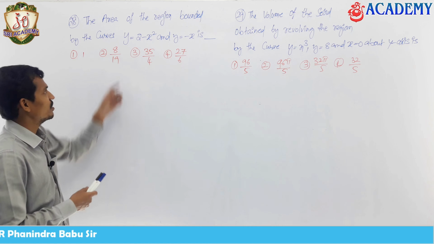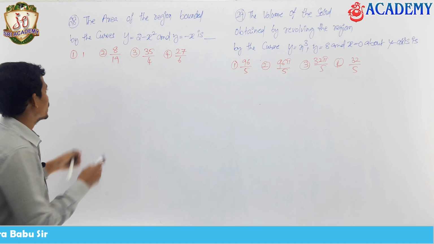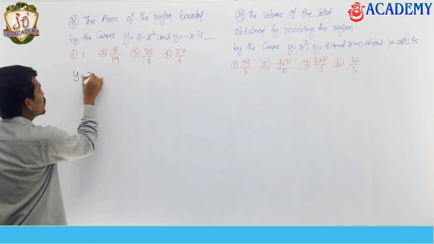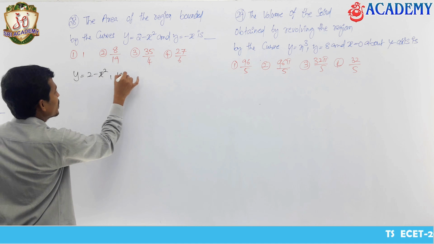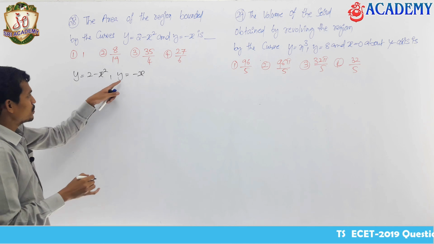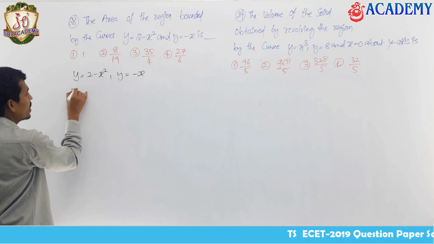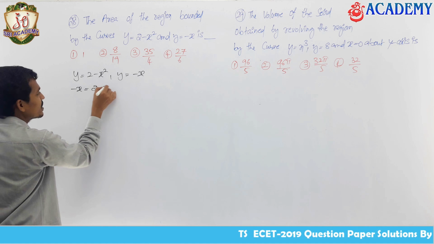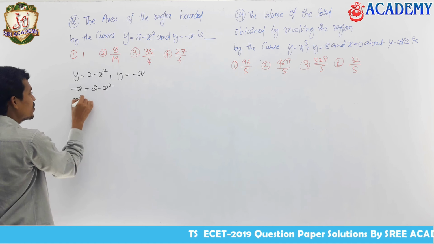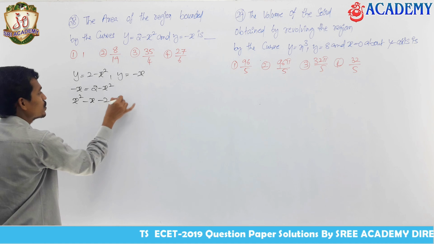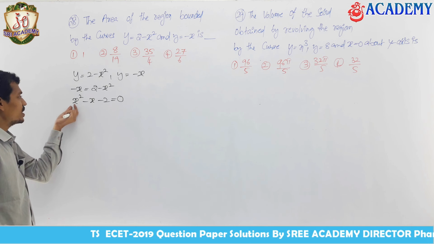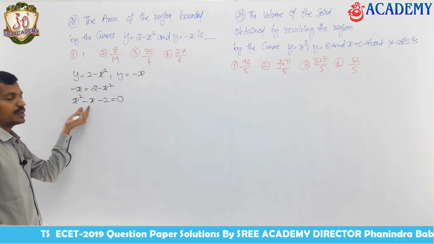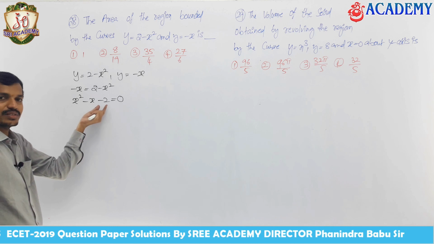Based upon that, first we will find the coordinates here. He gave y equal to 2 minus x square and one more, y equal to minus x. I am substituting this y here. It is going to be minus x equal to 2 minus x square. From there, x square minus x minus 2 equal to 0. Here 1 into minus 2 is minus 2, and minus 1 is nothing but minus 2 plus 1.